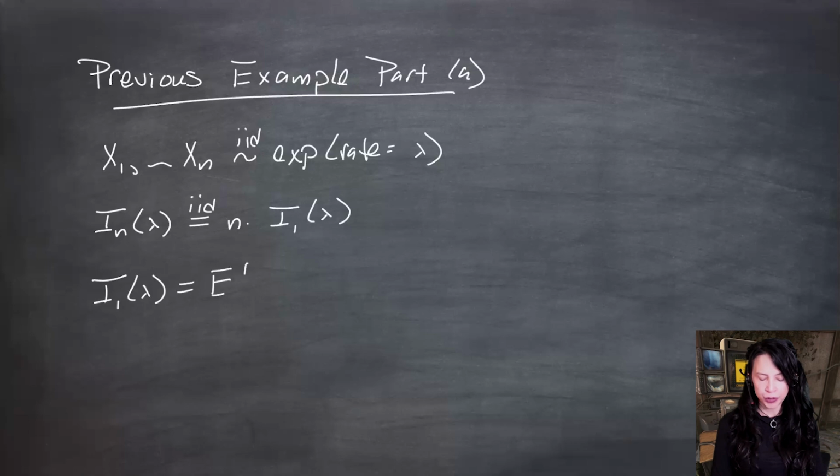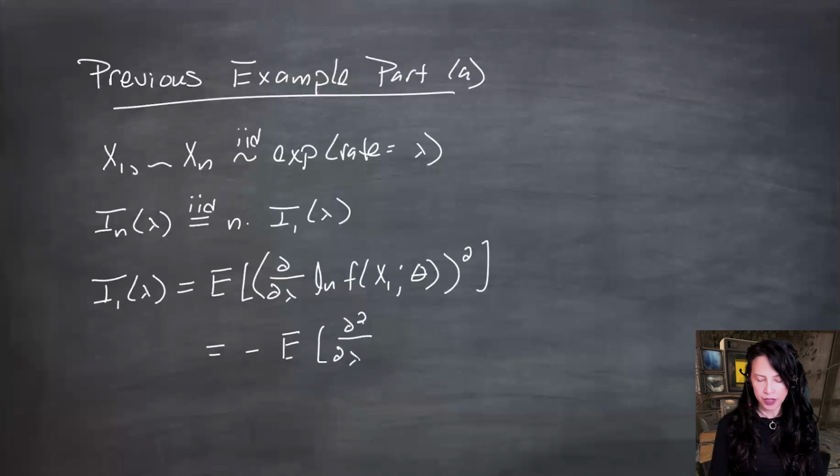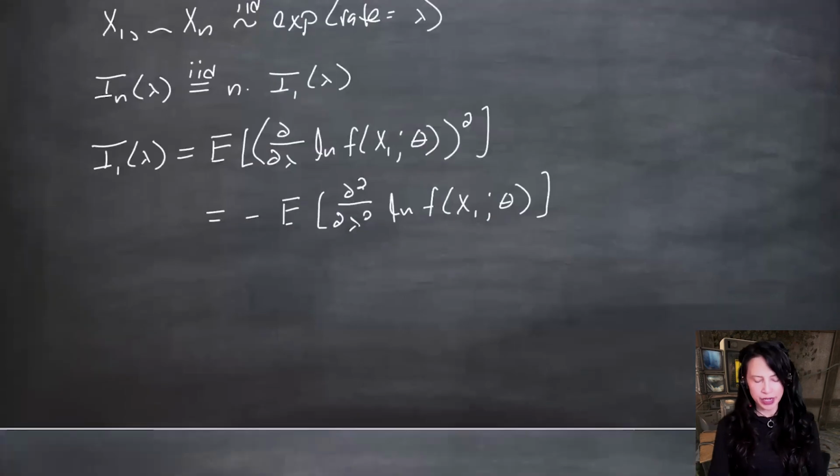This one-dimensional Fisher information is the expectation of the derivative of the log of f of x1 and theta squared. And it's also the negative of the expected value of the second derivative without the square. So which one do we want to use? Let's look at the PDF.